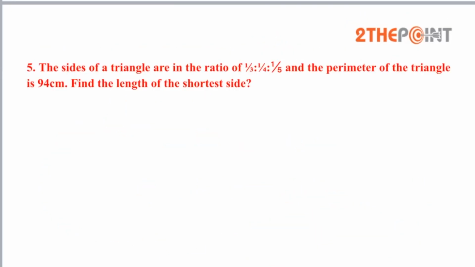The sides of a triangle are in the ratio 1/3:1/4:1/5 and the perimeter of the triangle is 94 cm. Find the length of the shortest side. Here the ratios are given in fraction form. Just convert them to natural numbers. Find the LCM, that is 60, and multiply 1/3, 1/4 and 1/5 with 60.